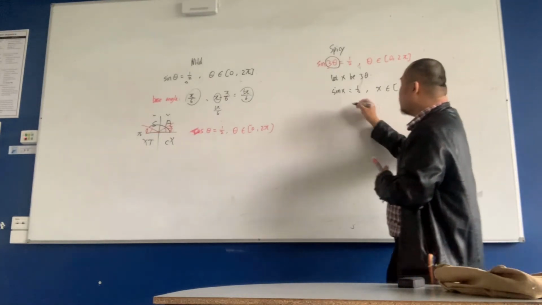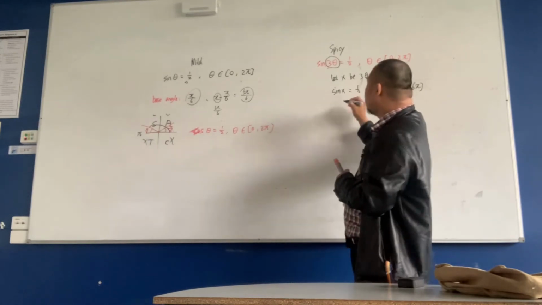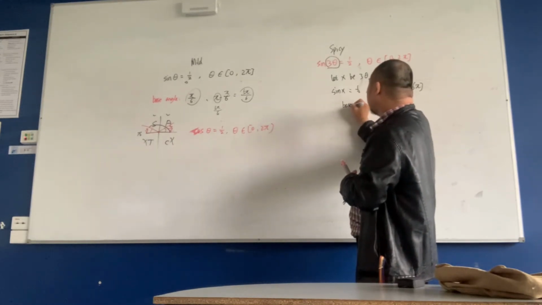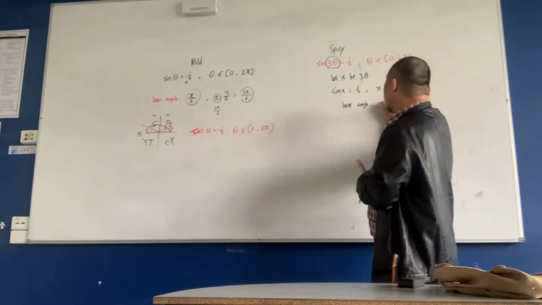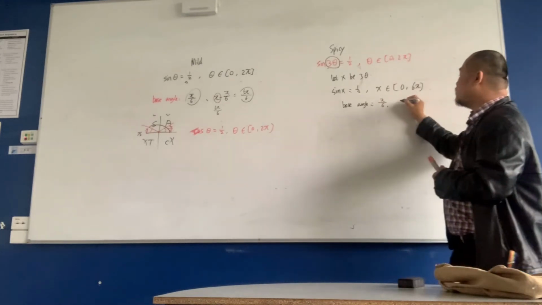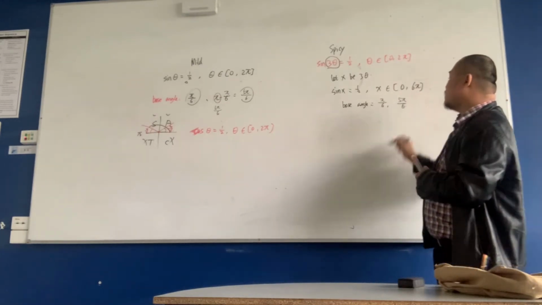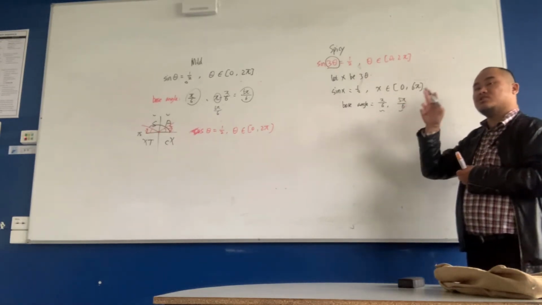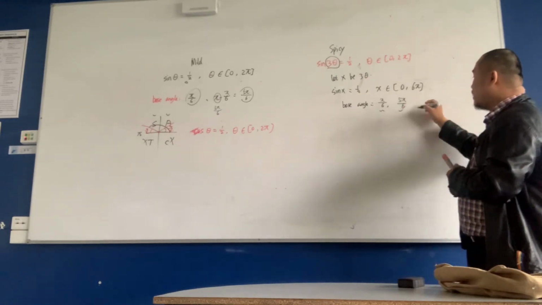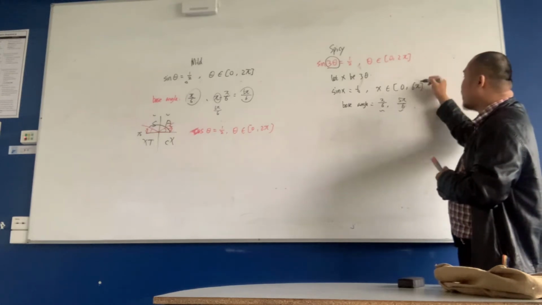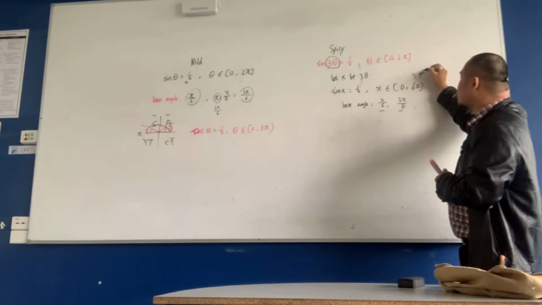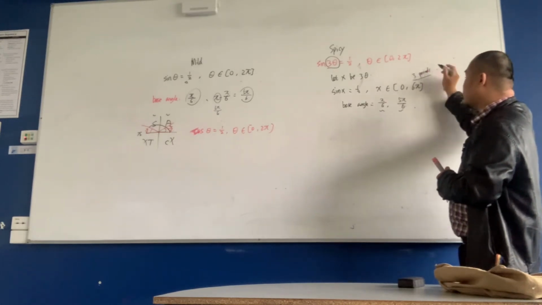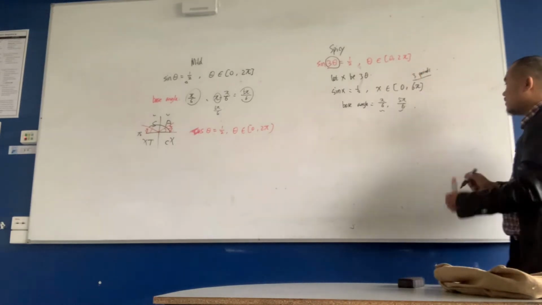Alright, so we use the same thing. So the base angle would be pi over 6. The other one would be 5 pi over 6. Okay, so these two are the solutions in the first period. And then for the second period, so we have 3 periods here, right? We have 3 cycles here, because 2 pi is 1 period.